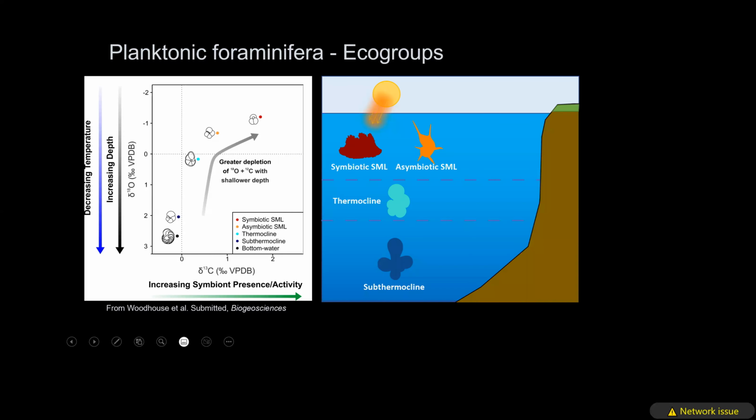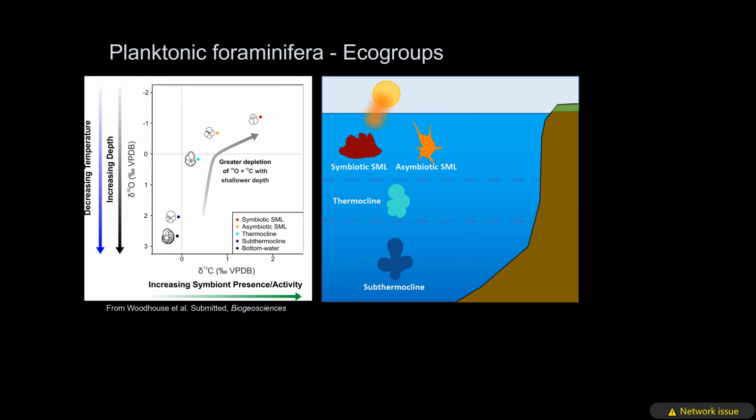And using this isotope system, Tracy Hayes and others assigned the species in the Cenozoic to different ecogroups. These include in the surface mixed layer symbiotic and asymbiotic forms, represented in red and orange, and these colors will be consistent throughout the talk. And then moving down in the thermocline, we have in cyan, that's Globigerinida.